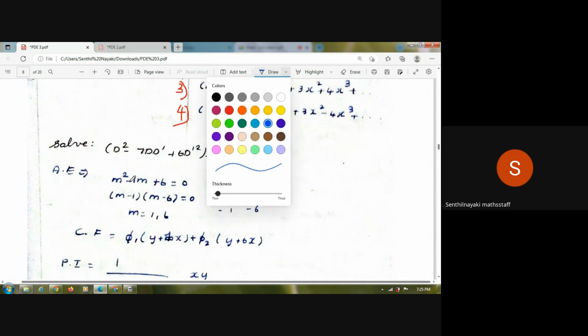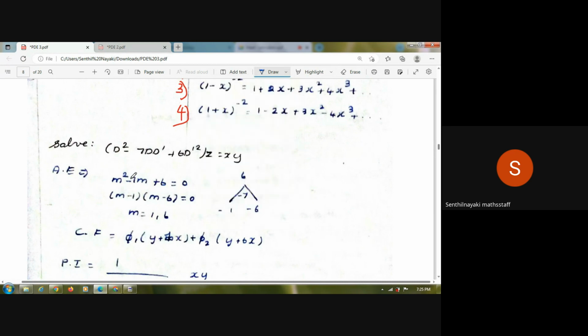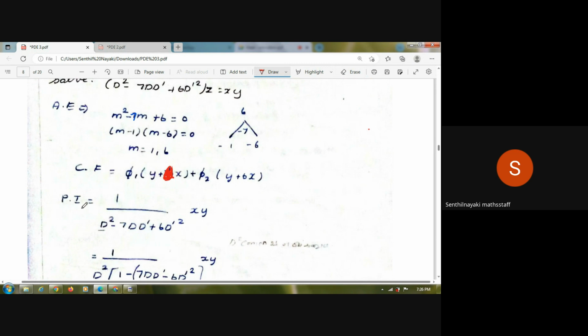Therefore the solution is pi 1 of y plus x, plus pi 2 of y plus 6x.